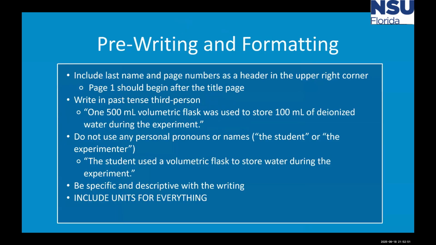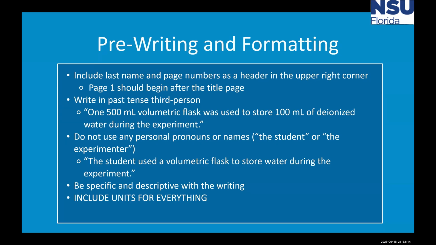So you're going to be writing in past tense third person. For example, one 500 milliliter volumetric flask was used to store 100 milliliters of deionized water during the experiment. Do not use any personal pronouns or names such as the student or the experimenter. And that would sound like the student used a volumetric flask to store water during the experiment.